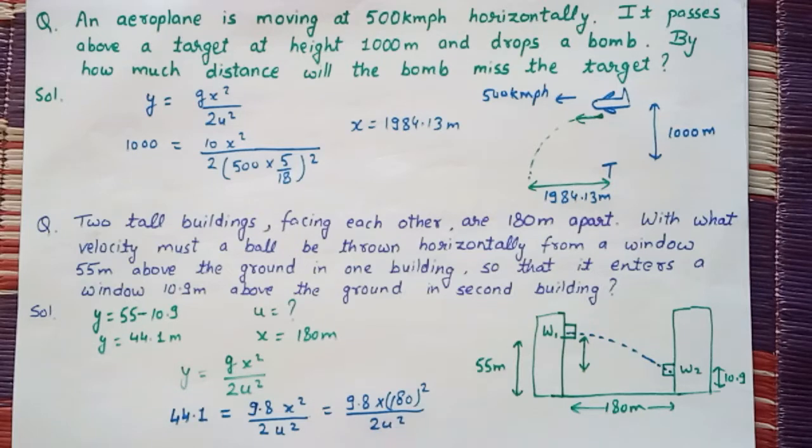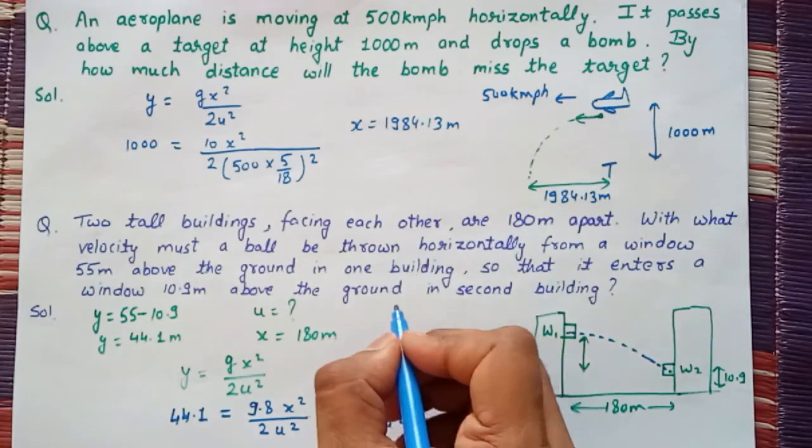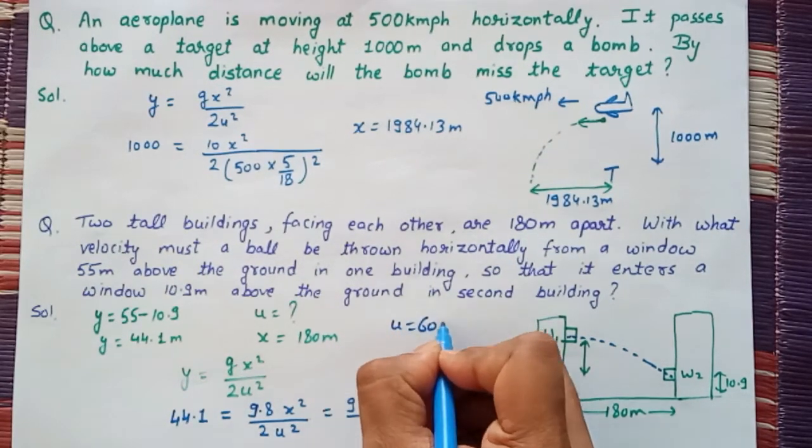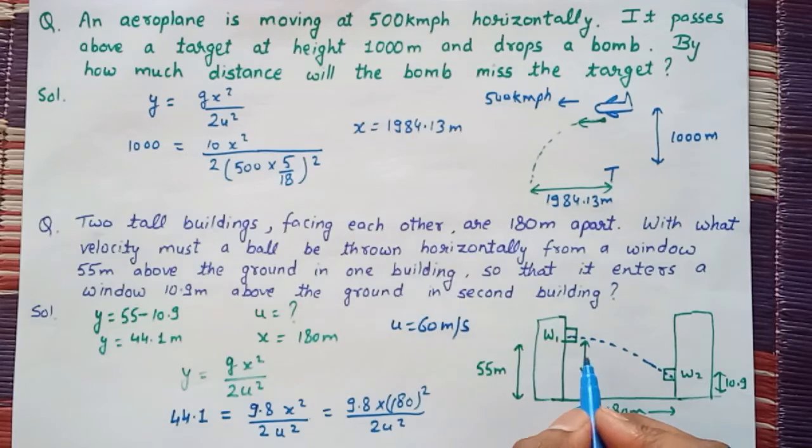Taking u square this side and 44.1 in the below, I can find the value of u, and it will be equal to 60 meter per second. So when a ball is thrown from this window with the horizontal speed of 60 meter per second, then it will fall in this window, which is 10.9 meter high from the ground.